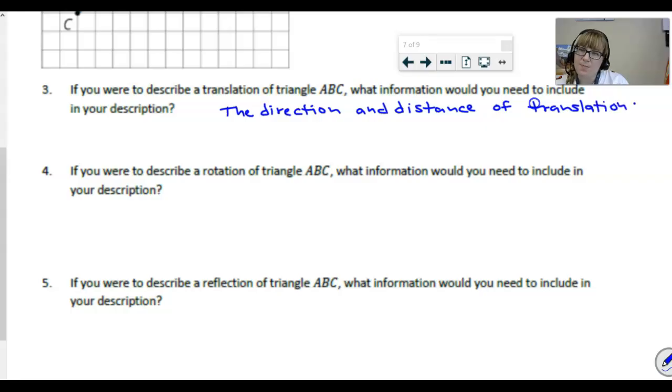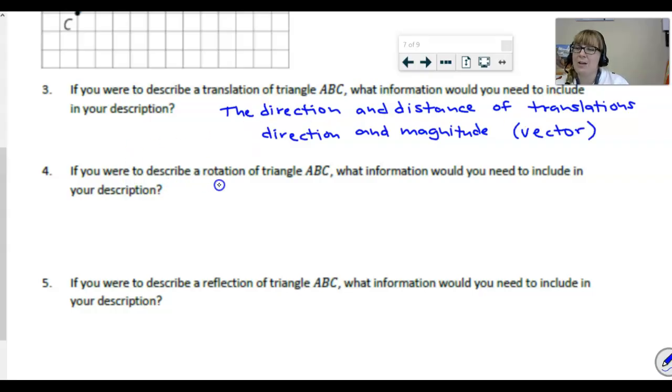In other words, that would be the direction, up, down, left, right, and the distance, that refers to the magnitude. We've talked about this. Direction and magnitude, that's our vector.